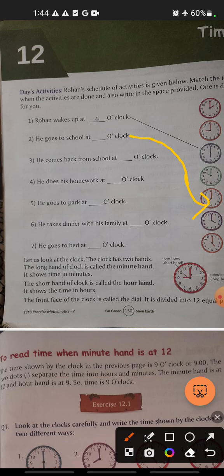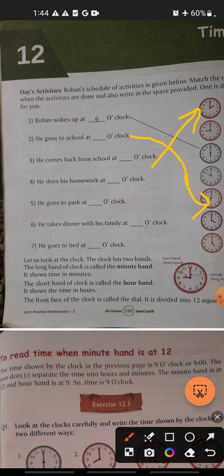Next one is he comes back from school at dash o'clock. When he comes back at 2 o'clock. So you have to match this sentence by 2 o'clock.